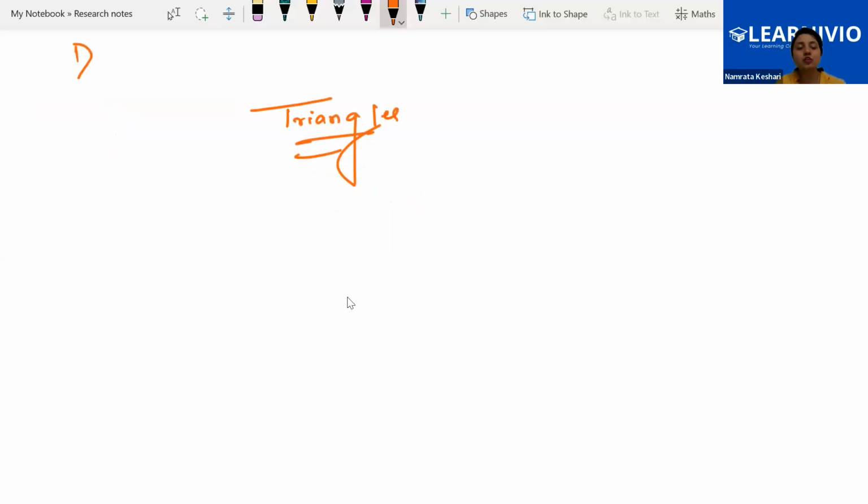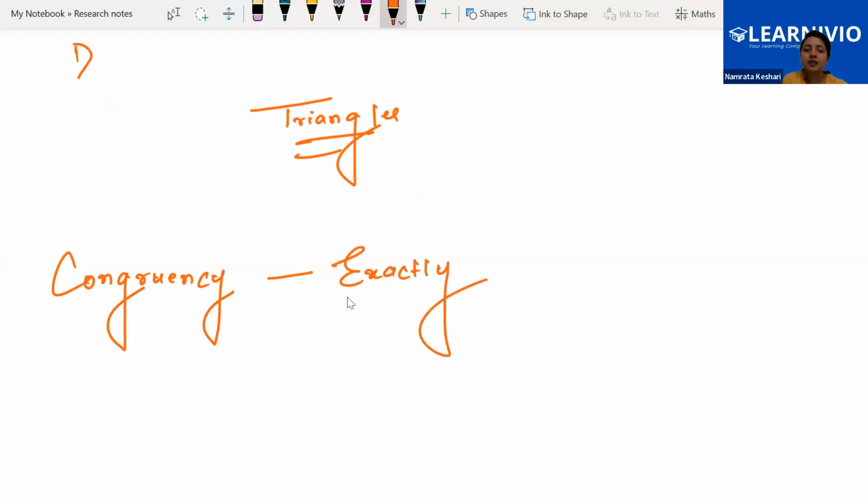Now I was telling you the concept of congruency of triangles. Congruency means two shapes which are exactly the same in shape and size.